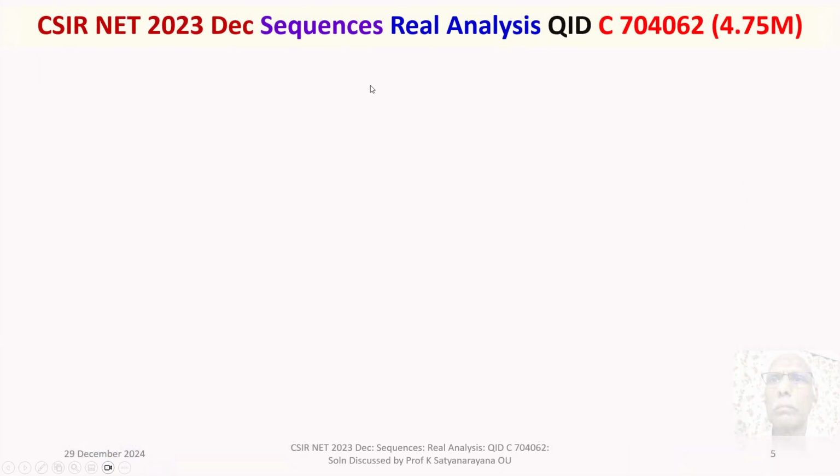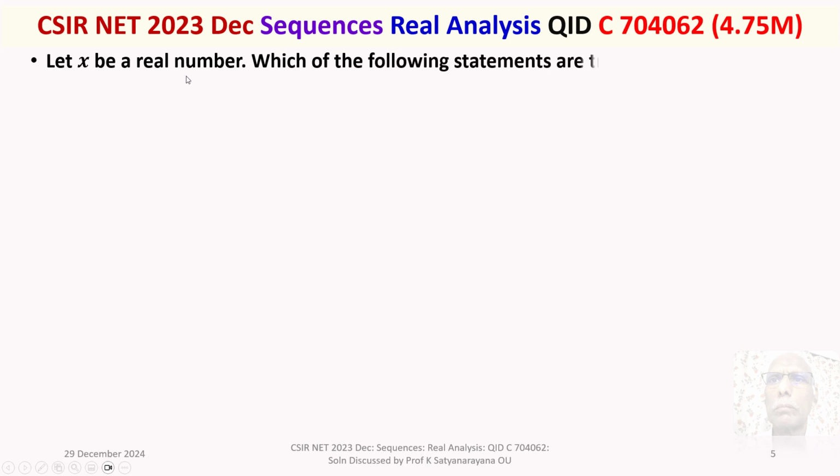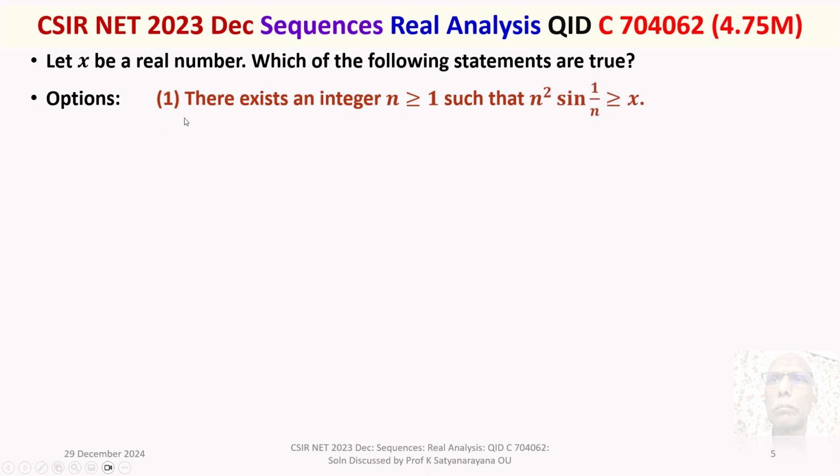The given question is, let x be a real number. Which of the following statements are true? We are given four options. Option 1. There exists an integer n greater than or equal to 1 such that n square sine 1 by n is greater than or equal to x. Option 2.